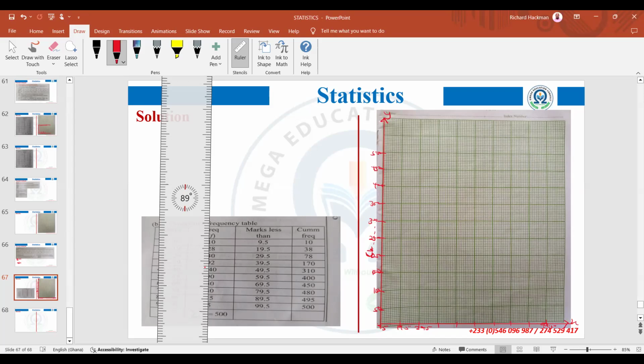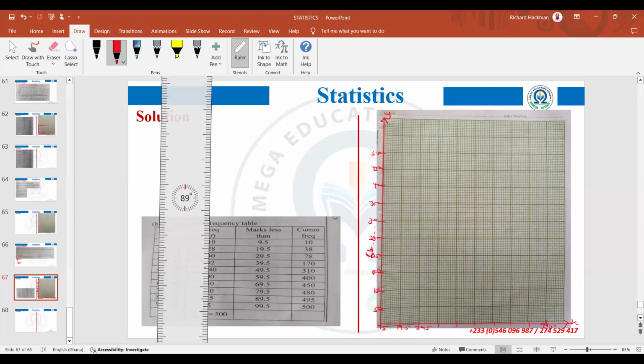9.5, 10. So 9.5 is 10. So 10 will be somewhere here. What will be the size of each small box on this axis?